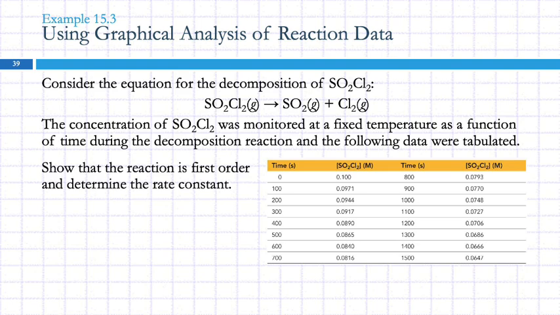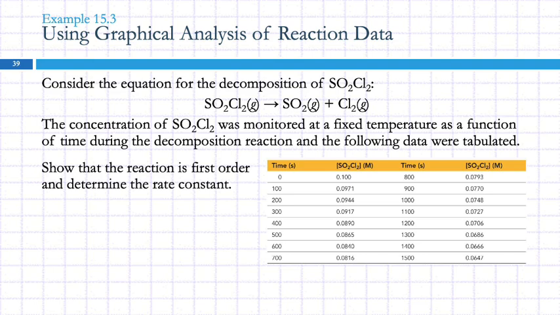So let's see how we can use a graph like this. So we're going to look at the decomposition of SO2Cl2, which forms a couple of products. So they monitored the concentration of the reactant at a fixed temperature as a function of time. So the fixed temperature thing is important because reaction rates are going to be different at different temperatures.